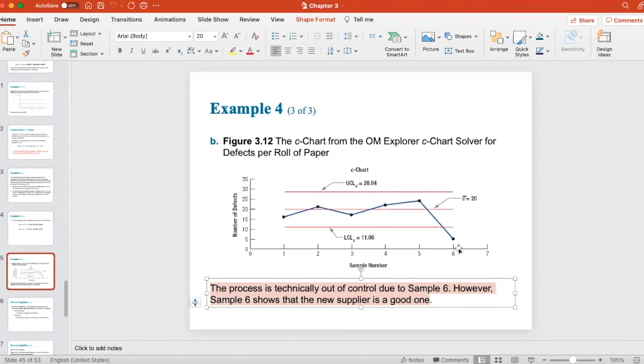That would be a good signal. So this is out of control technically, but by changing to a new supplier, it's a good indicator. That is the managerial conclusion for this specific example.